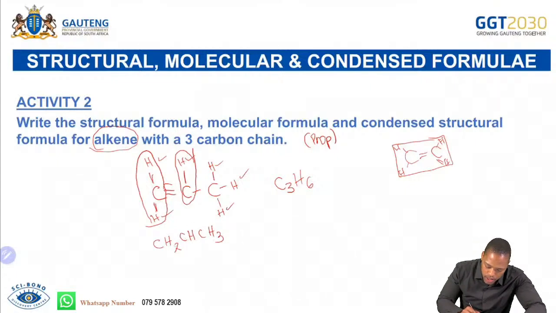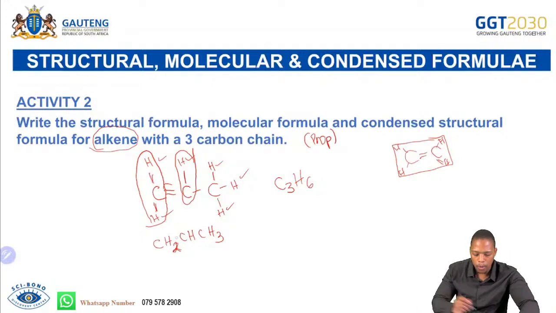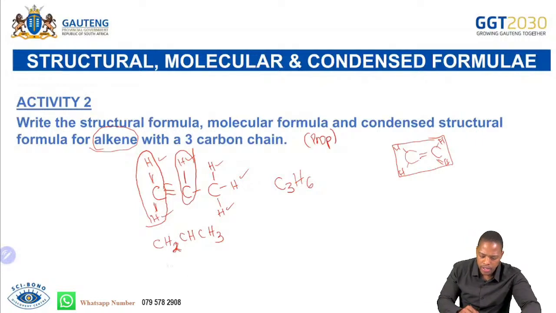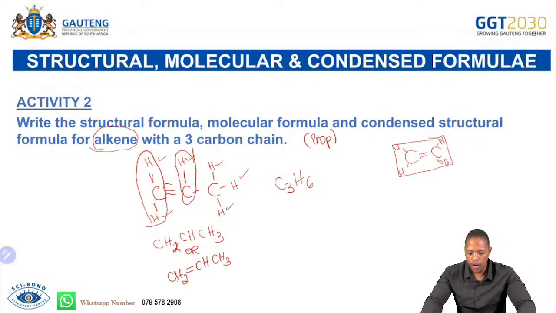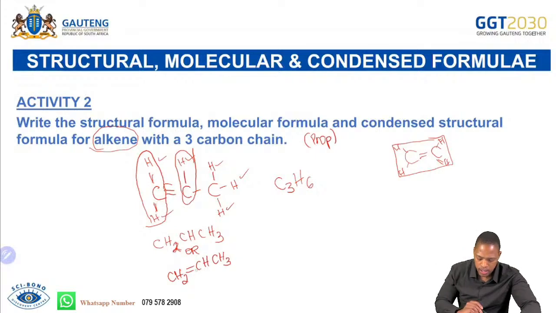However, I will say again, sometimes you will find the double bonds being indicated in a condensed structural formula. It is not often though that happens. So sometimes they will indicate CH2 and then a double bond and then CH3. So sometimes the condensed structural formula will be represented like this, where they actually represent the bonds.